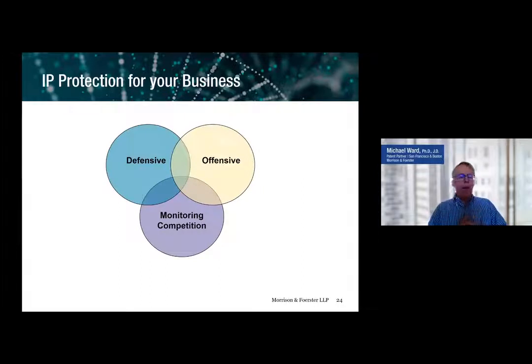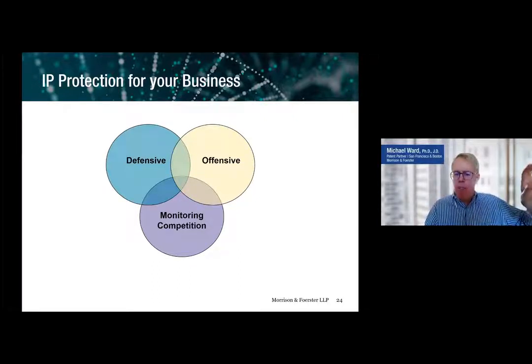All right. So turning now to IP protection for the business. You understand the business strategy. You understand the markets. You understand what the company is trying to do. Then what do you do? Well, it's important to wear a couple of different hats and to look at this from 3 main angles.